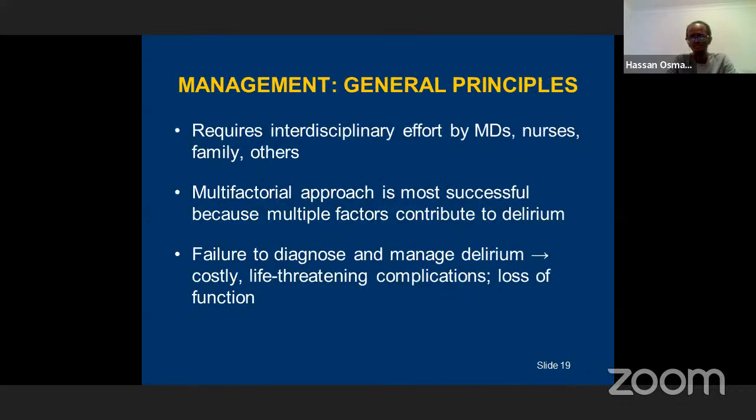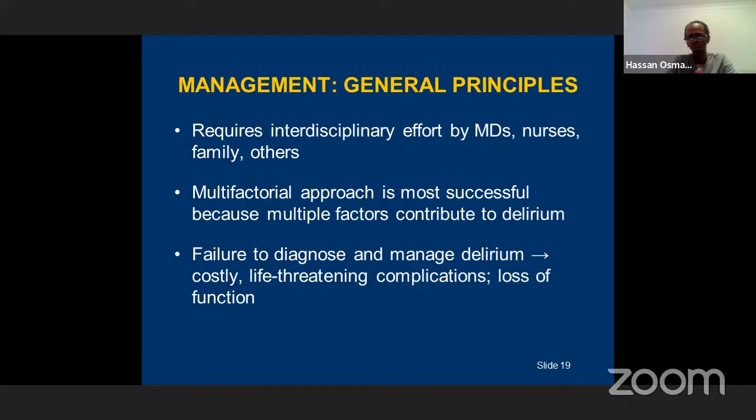The general principle of management actually requires an interdisciplinary or multidisciplinary effort. The family here is of significant importance. So usually try to use the family in the management, because your aim is to decrease the time to healing and management.